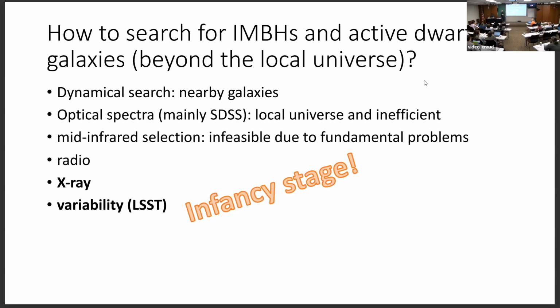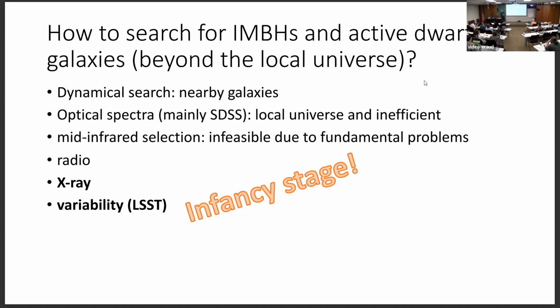For AGNs, people have been thinking of mid-infrared selection, but unfortunately this method simply doesn't work for active dwarf galaxies. So essentially, we have three methods left: radio, X-ray, and variability. I want to emphasize that the overall selection is still in its infancy. I probably spent 3 days working on radio selection in the deep drilling fields, but I simply failed.